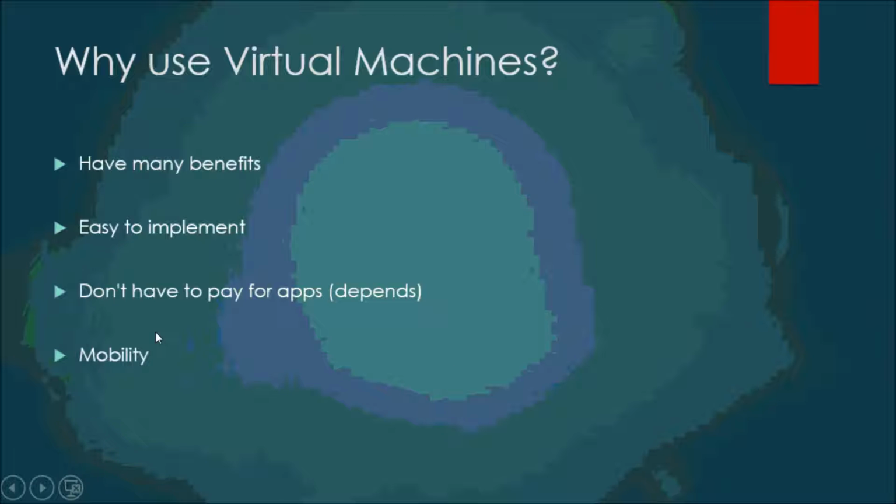Mobility: you can install VirtualBox or any other free application for virtual machines on an external hard drive. This is what we were doing last semester. We were installing virtual machines.